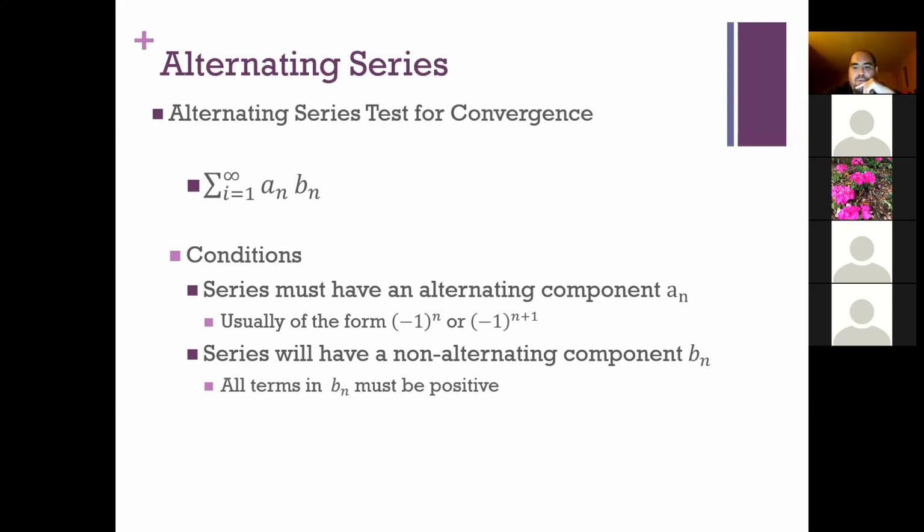Most of the conditions are around the non-alternating part of this product. All the terms in b sub n have to be positive, and for all n, b sub n plus 1 has to be less than or equal to b sub n, or in other words, b sub n is a decreasing sequence.